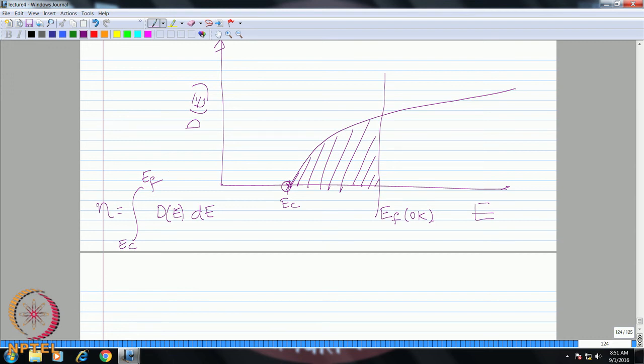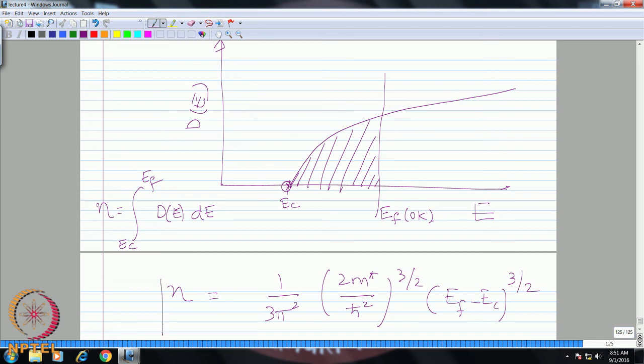So, all I have to do is integrate D of E between Ec and EF. If you do that, you will get 1 by 3 pi square, 2 m star by h bar square, to the power 3 by 2, times EF minus Ec, to the power 3 by 2. You can check this. So, this is your quantum state density for electrons at 0 Kelvin. Is that clear? This is one example to illustrate how density of states is used.